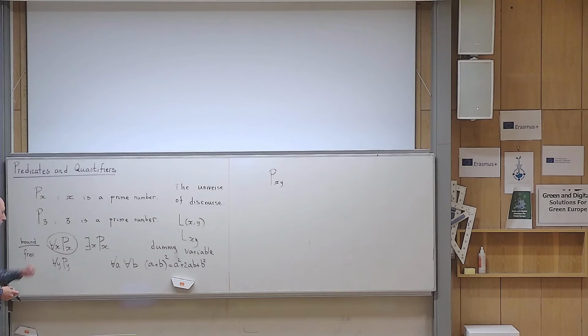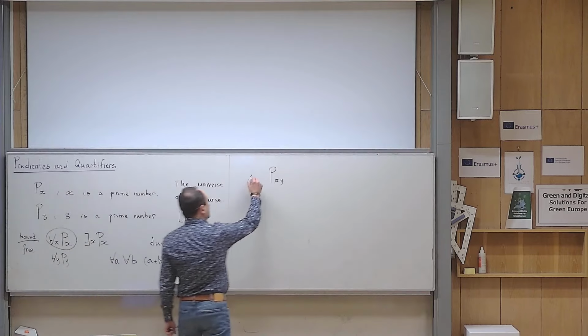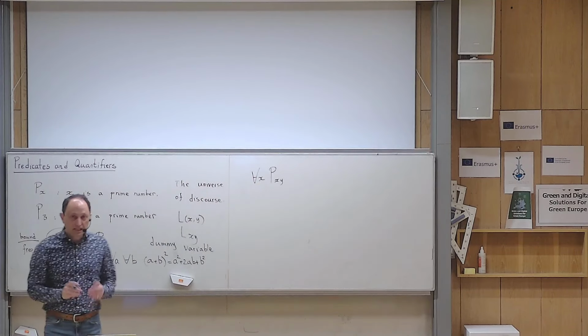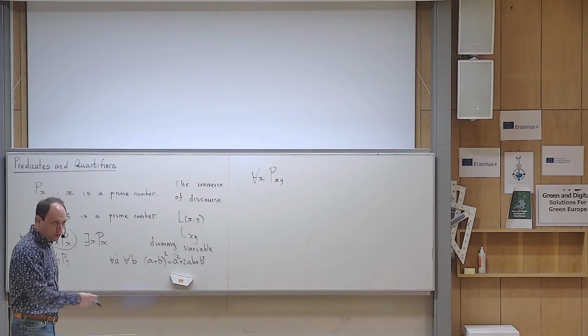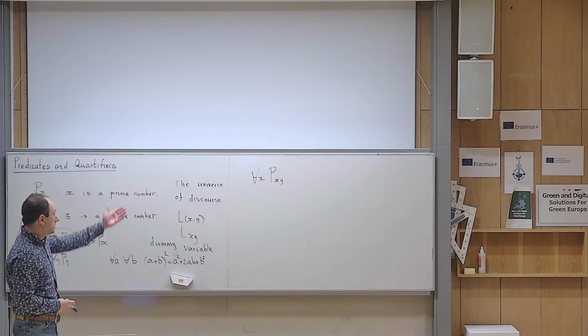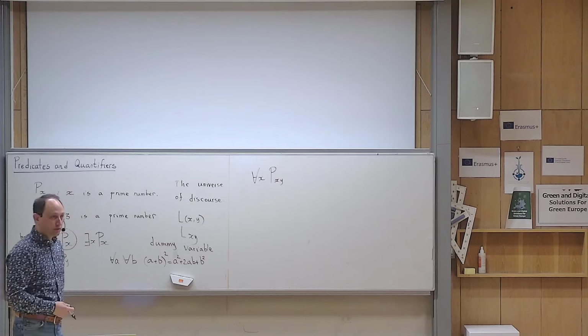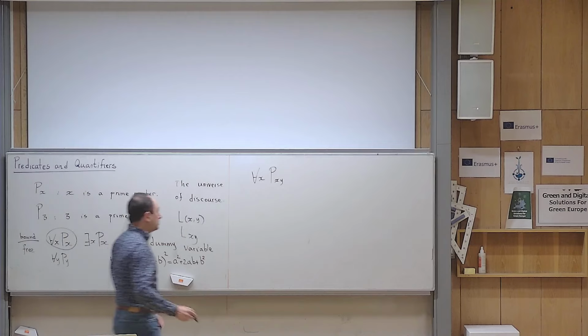Here you don't have any free variables. But for example, if I have this one, for all x, p of x and y, then x is the bound variable, bound by the universal quantifier. Do I also have a free variable? Y is a free variable. But let me ask you one question.